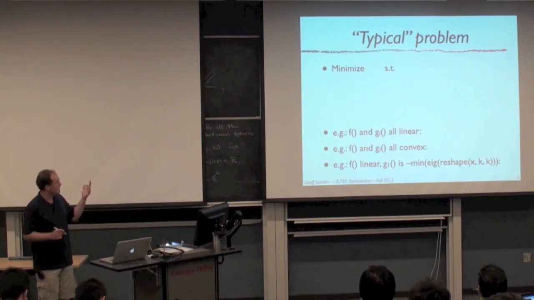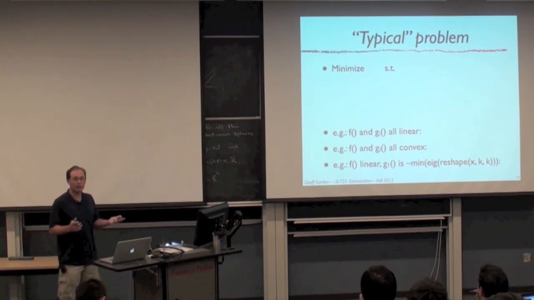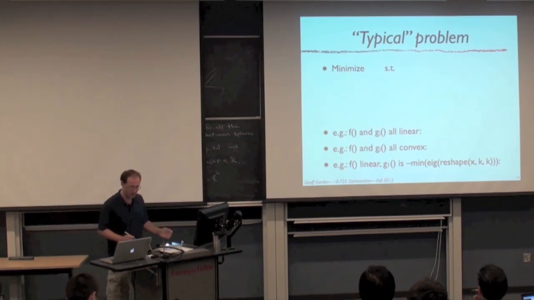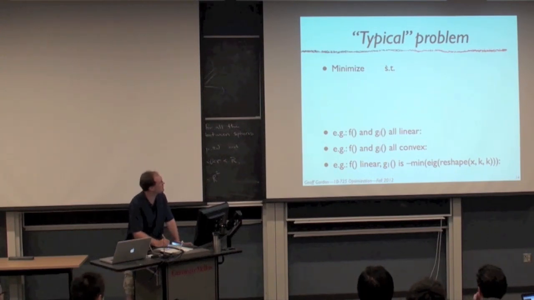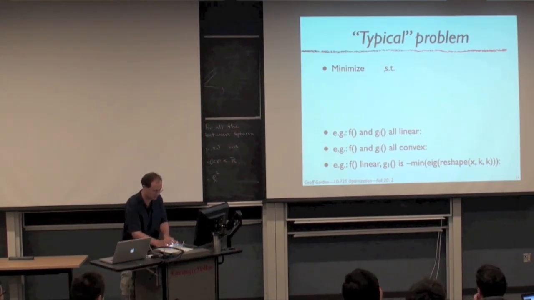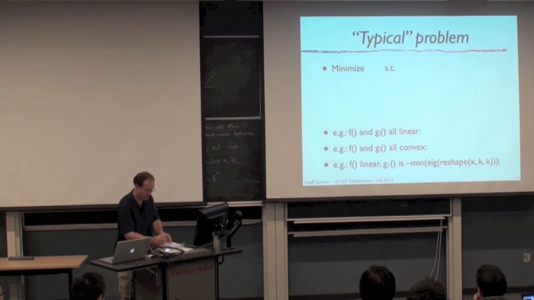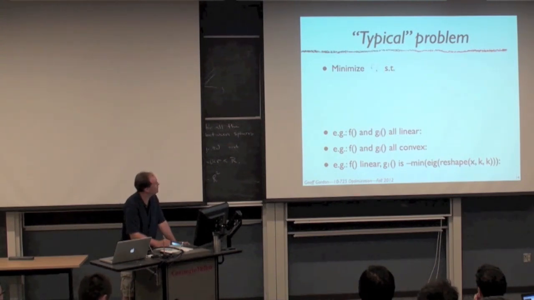So that's the example. It's an instance of what I'll call our typical optimization problem. It's going to look something like this. We're going to minimize some function f of x, which is called the objective, subject to some constraints.